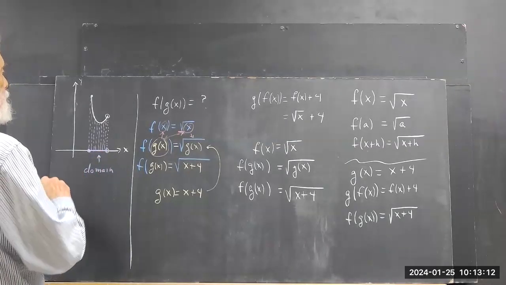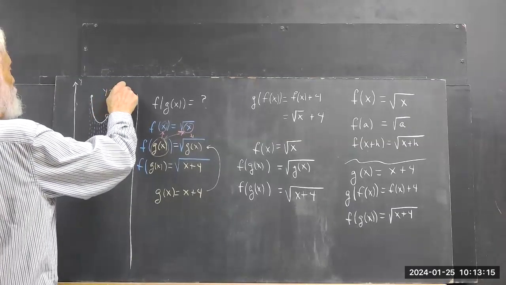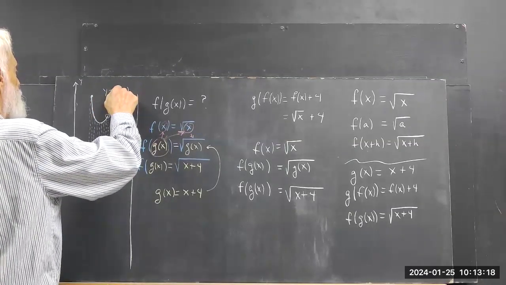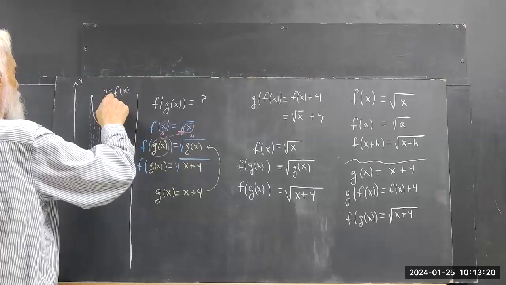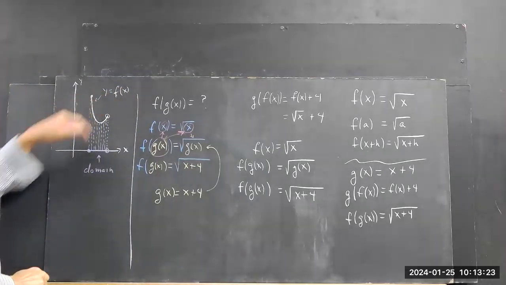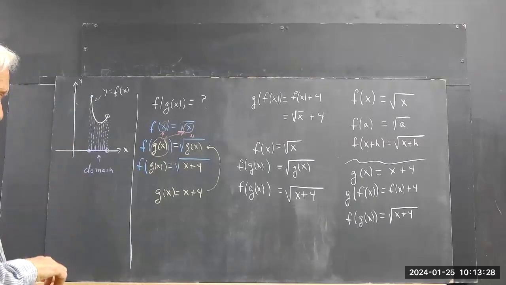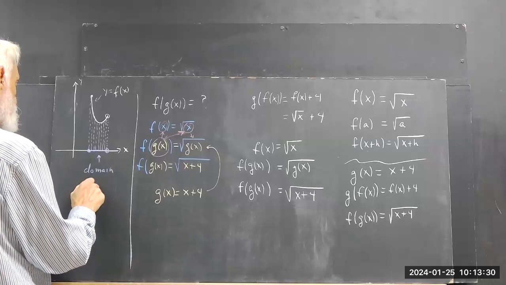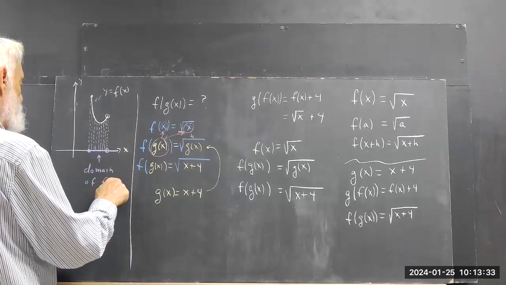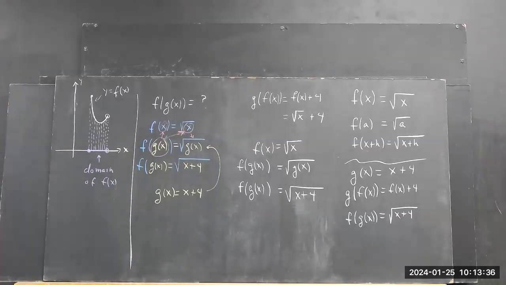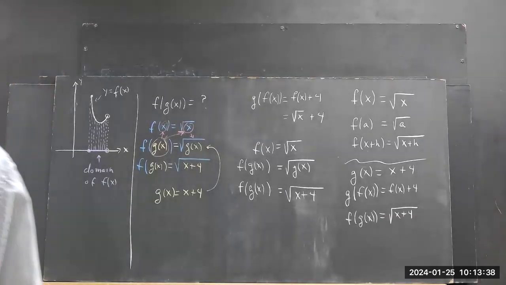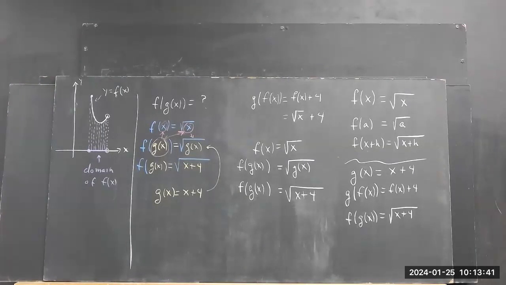Now, if the curve represents y equals f of x, then this is the domain of f of x. It's just a name, but we used that name a couple days ago. So that's pretty simple, right?